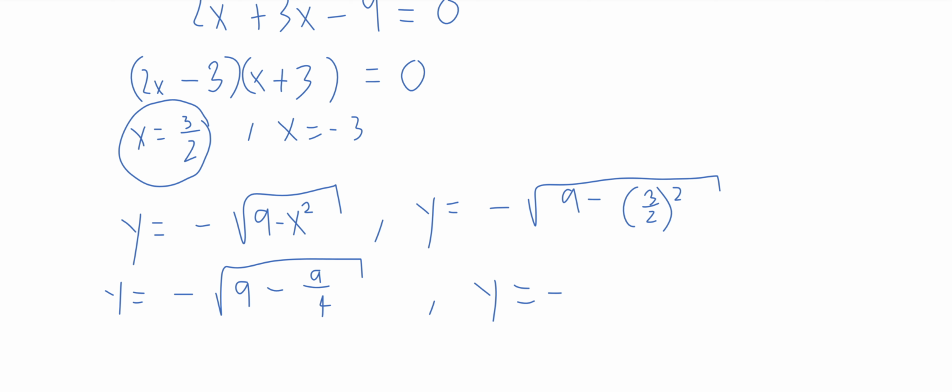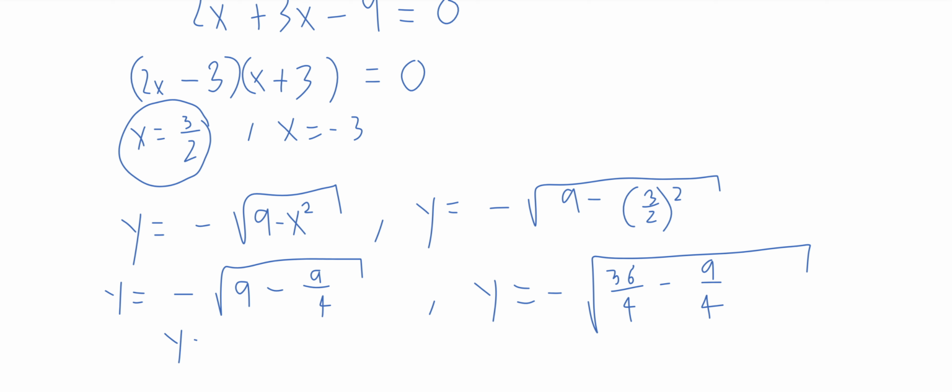To subtract 9 over 4 from 9, I'm going to rewrite 9 as a fraction over 4. So 9 as a fraction over 4 is the same as 36 over 4 minus 9 over 4.